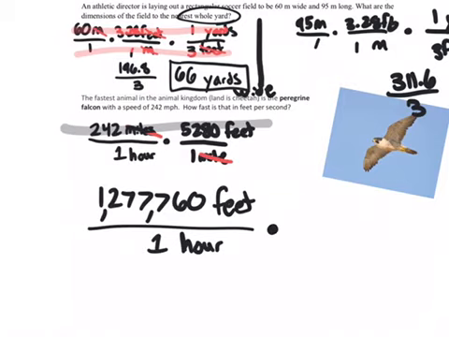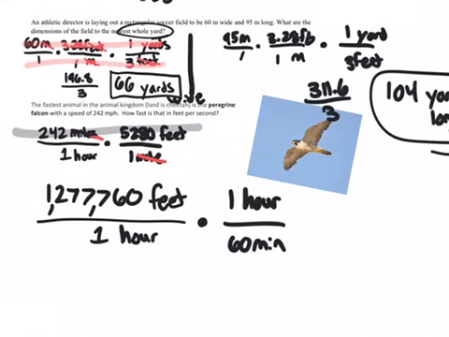Now I'm going to continue to get this towards second. So with that, I can do 1 hour, because now I'm trying to get rid of hour. And I want my second, because it's per second, to be in the denominator. So 1 hour, there are 60 minutes. All right, so hour would cancel here.